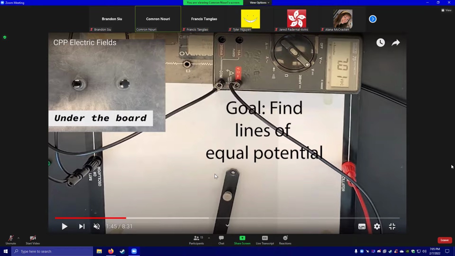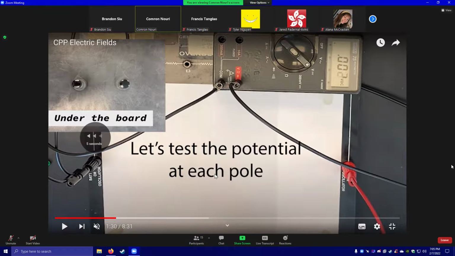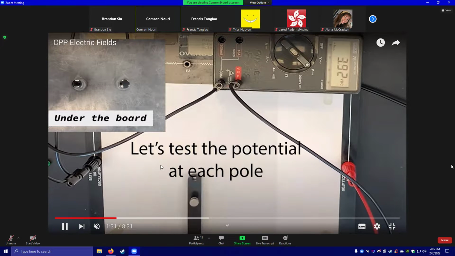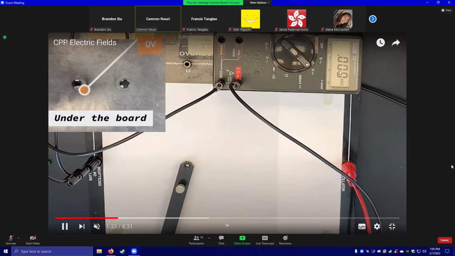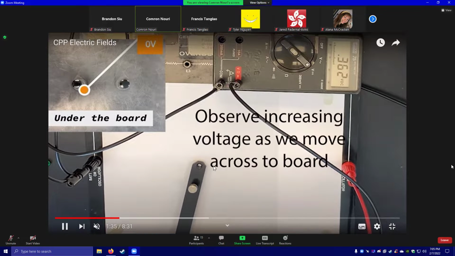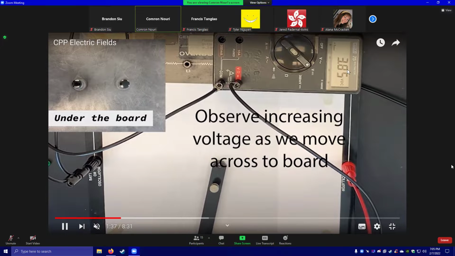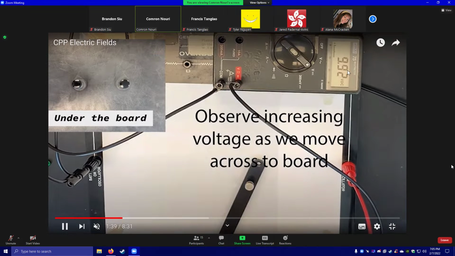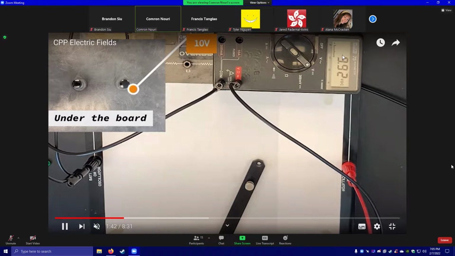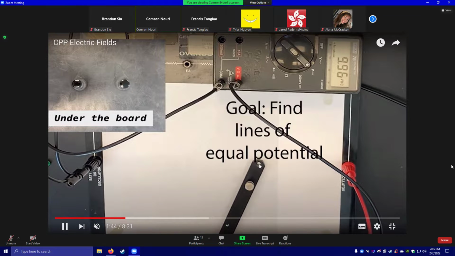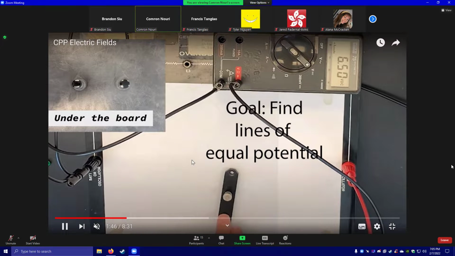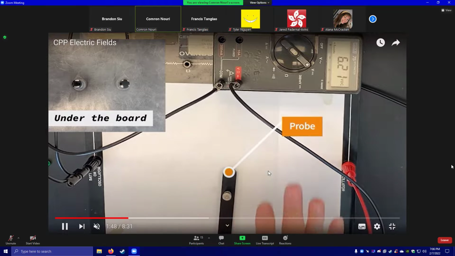You see that here as she moves from this side to the other side, it goes from 0 volts and then moves along. This increases 3, 4, 5, 6, 7, 8, 9, and about 10 volts here, 9.92, right? So the potential changes from here to here.